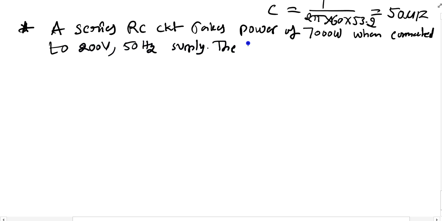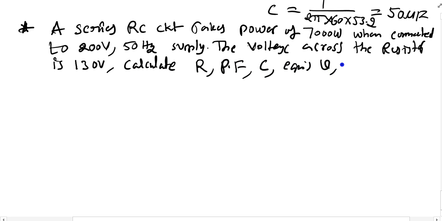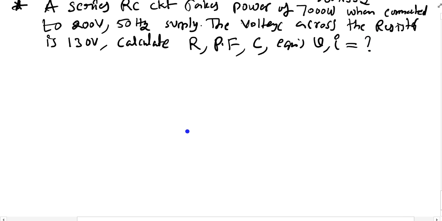The voltage across the resistor is 130 volts. Now they are asking to calculate what is R, what is the power factor, what is the capacitor, and what is the equation for the instantaneous current and instantaneous voltage. These are what they are asking to calculate.